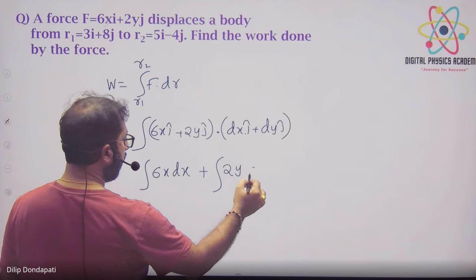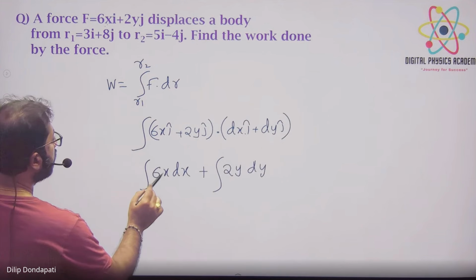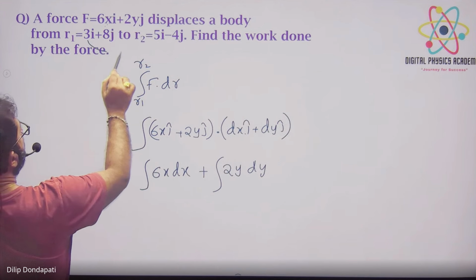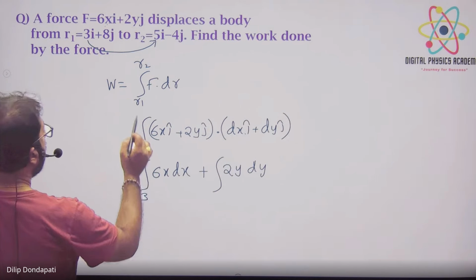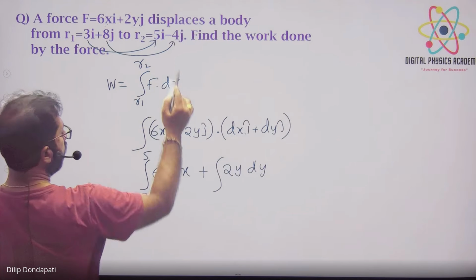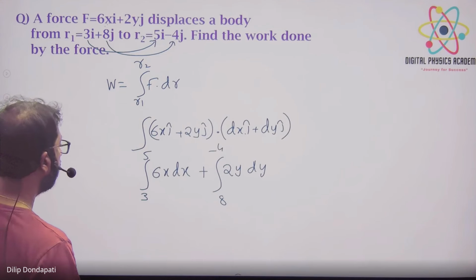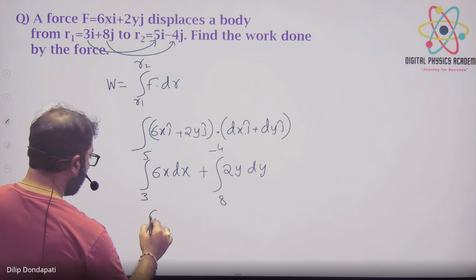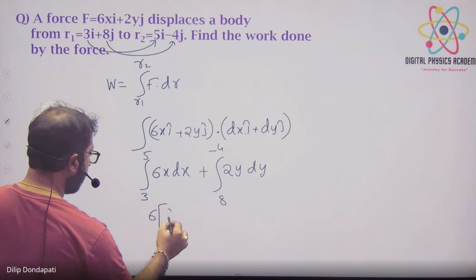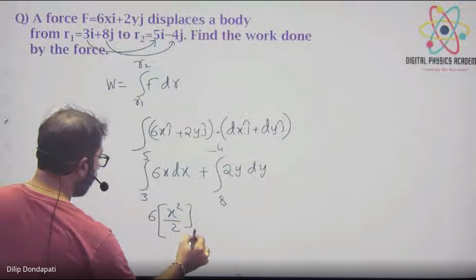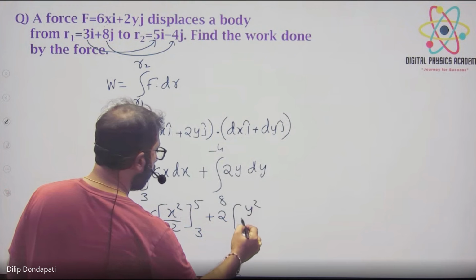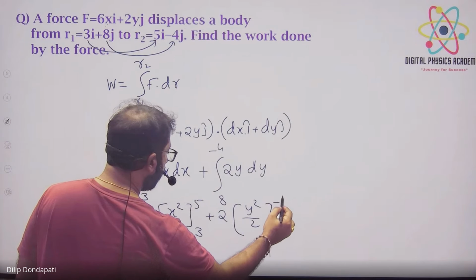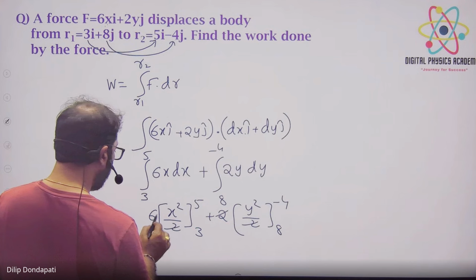2y dy. Okay. Now x limits from where to where? X limits are from 3 to 5, right? And y limits are from 8 to minus 4. So 0 only. हाँ 0 only. So 6 आपको बाहर आ जाएगा. Integration of x is x square by 2 and limits are from 3 to 5, plus 2 बाहर आ जाएगा. Y square by 2, limits are from 8 to -4. 2 to cancel. 2 3 is 6.